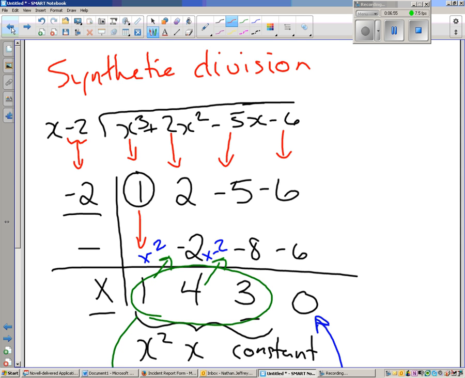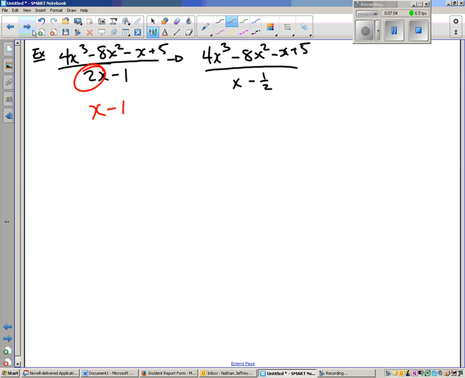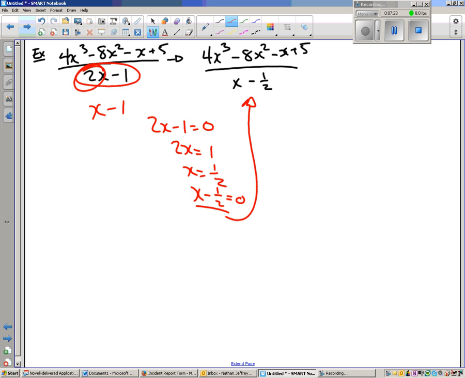The example we did has a leading coefficient of 1 on our divisor. So we're going to have to do a little work on our denominator. We take our 2x minus 1, set it equal to 0, bring the 1 over, so 2x equals 1, divide by 2, so x equals 1/2. Then we plug that back in for our denominator as x minus 1/2.